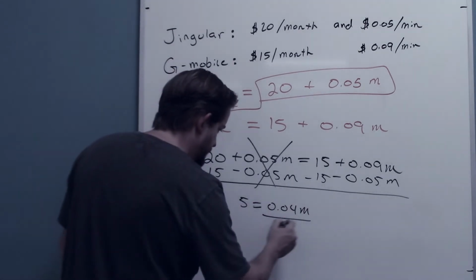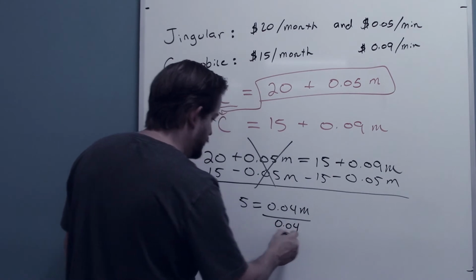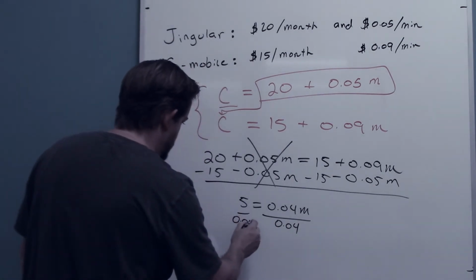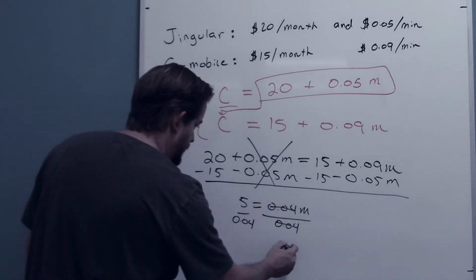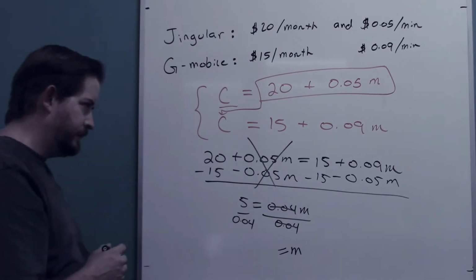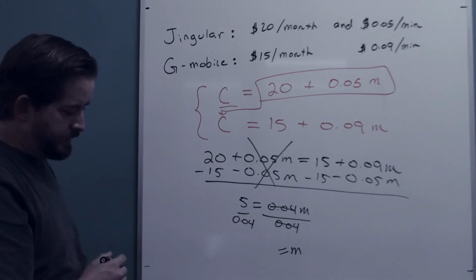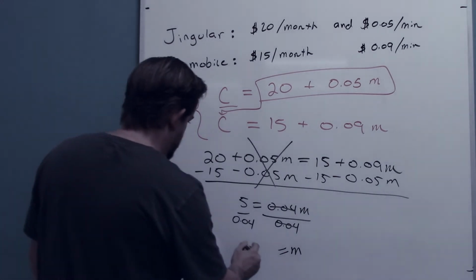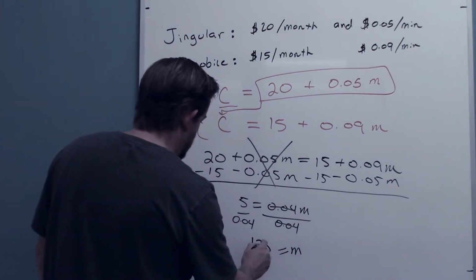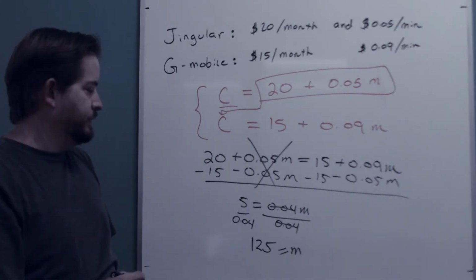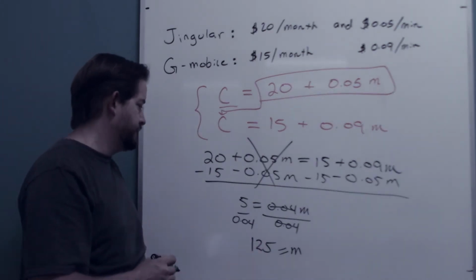And if I divide by 0.04, that gives me an m on the right-hand side alone, and 125, maybe. Yep, 125 minutes. Yep.